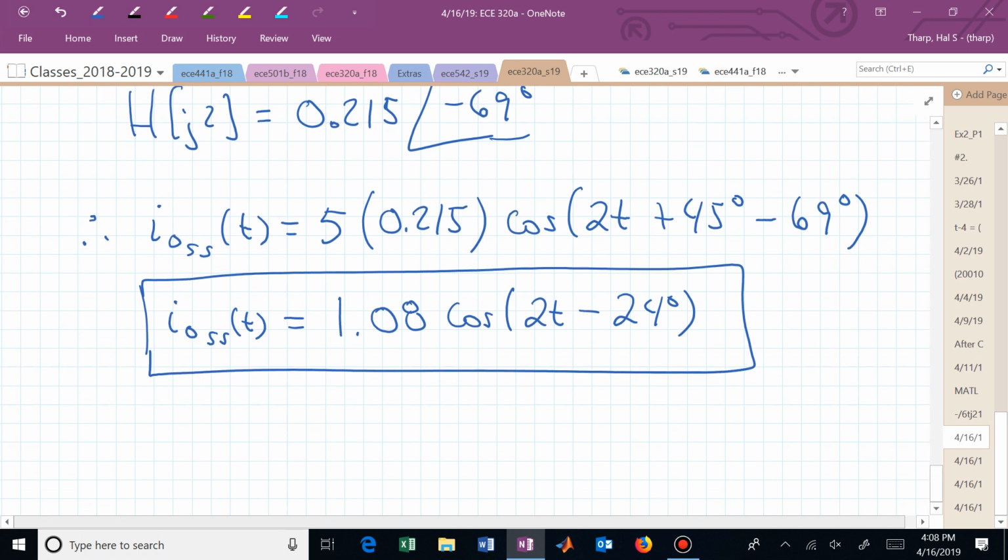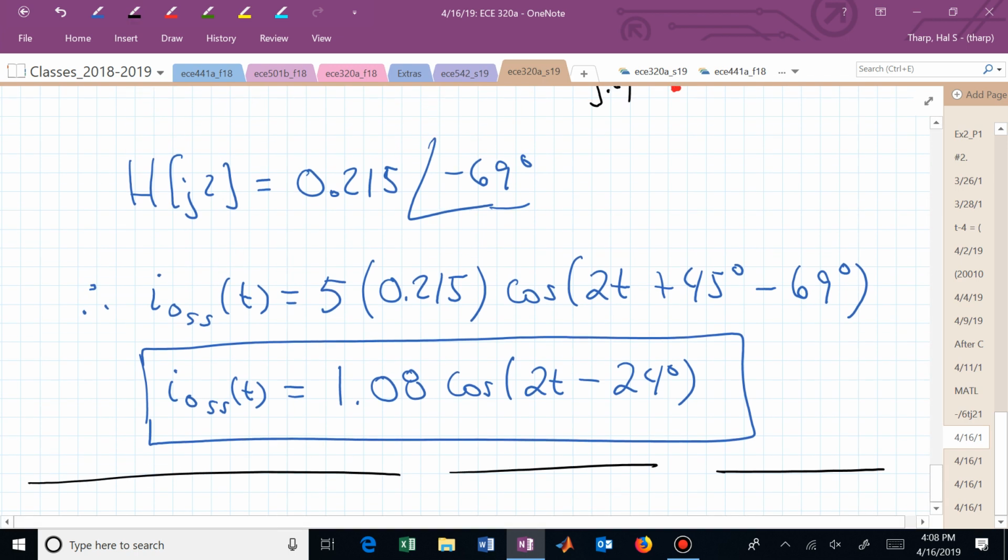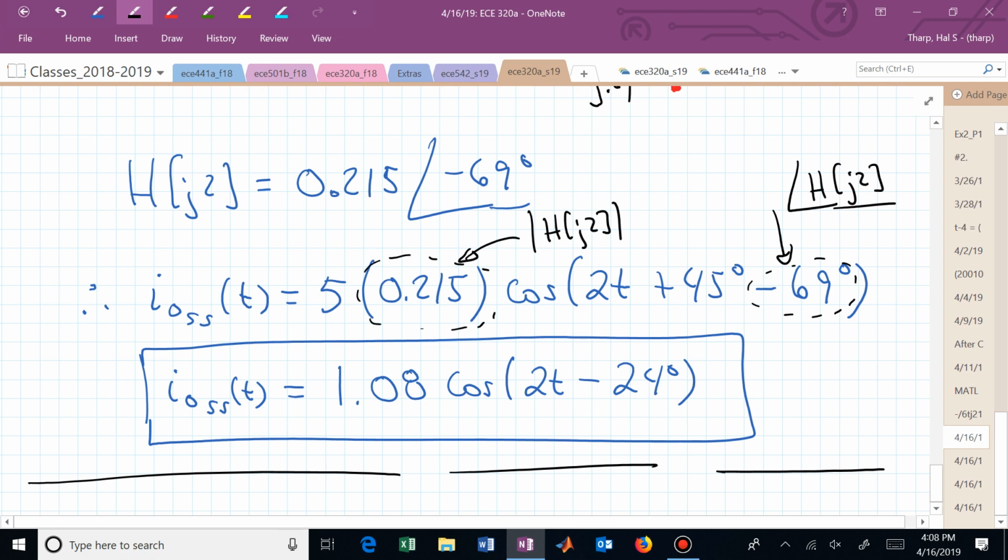That's how you could use a circuit and this concept of sinusoidal steady state. This was the magnitude of h of j2, and this was the angle. And that's how we modified the original input sinusoid to obtain the output that we were after.